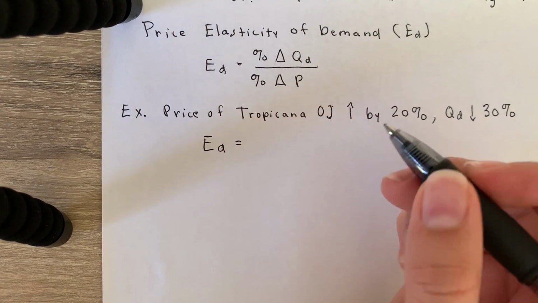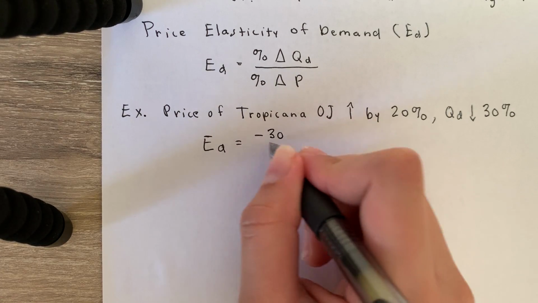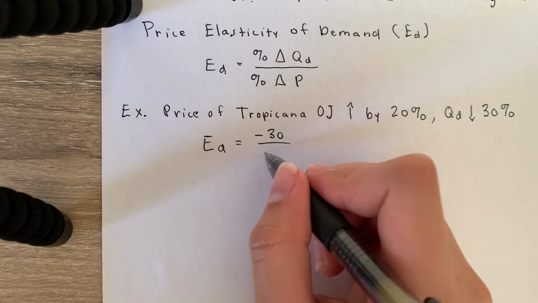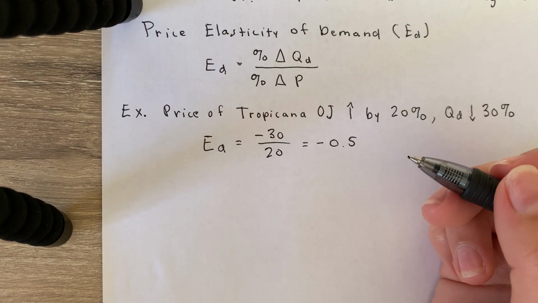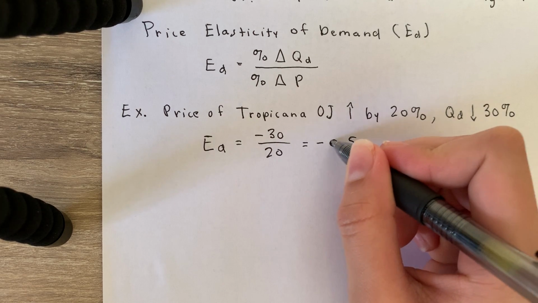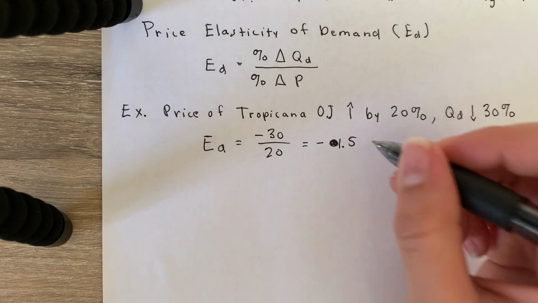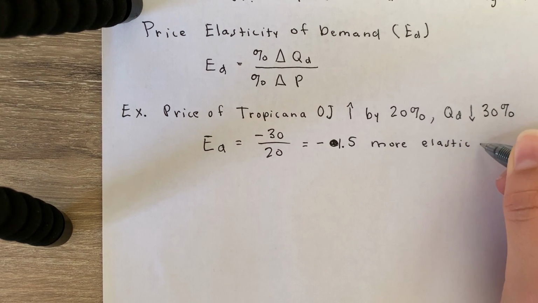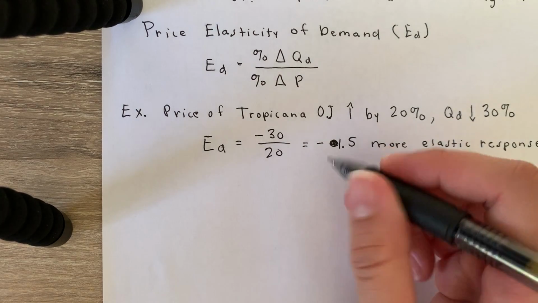So ED is equal to, what's our percent change in QD? It's minus 30, negative 30 over a price increase of 20%. So this gives me negative 0.5. Or sorry, this is 1.5. Negative 1.5. So we want to notice that this is a more elastic response, and we know that because this is a bigger negative.